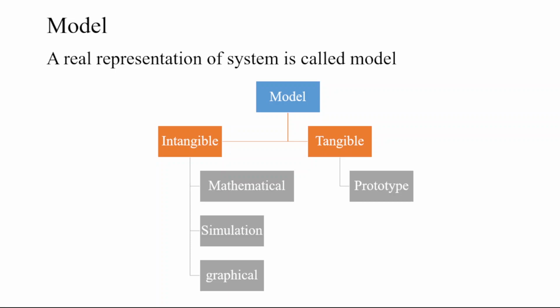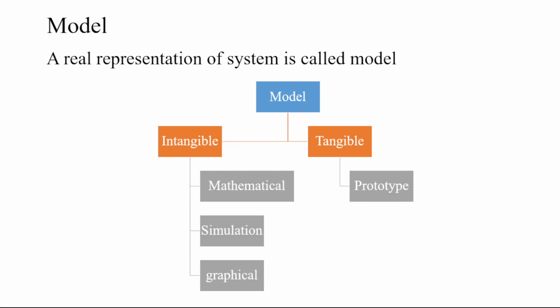On the other hand, we have another category of model which is called intangible models. Intangible models are further classified into three categories: mathematical models, simulation models, and graphical models. In this session, we will discuss mathematical models. In mathematical modeling, we try to translate a real life problem into mathematics. We use some mathematical equations and we try to solve that problem.